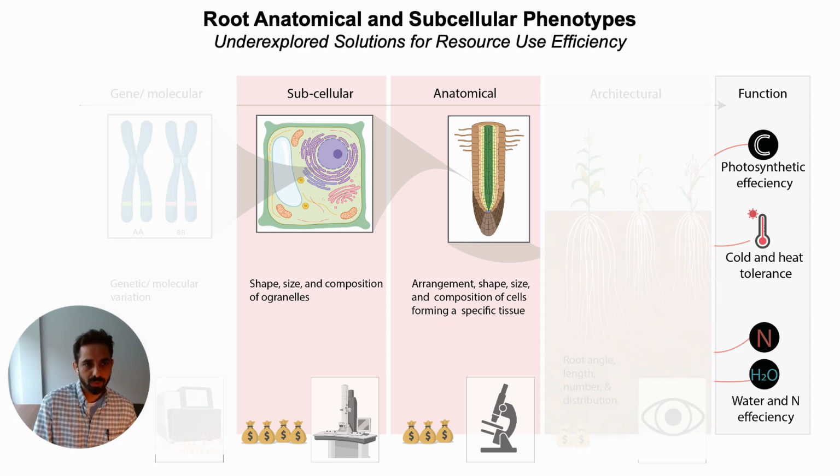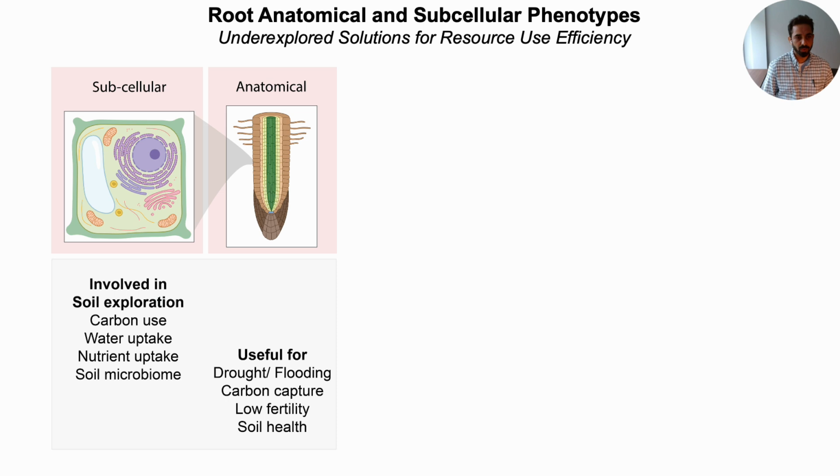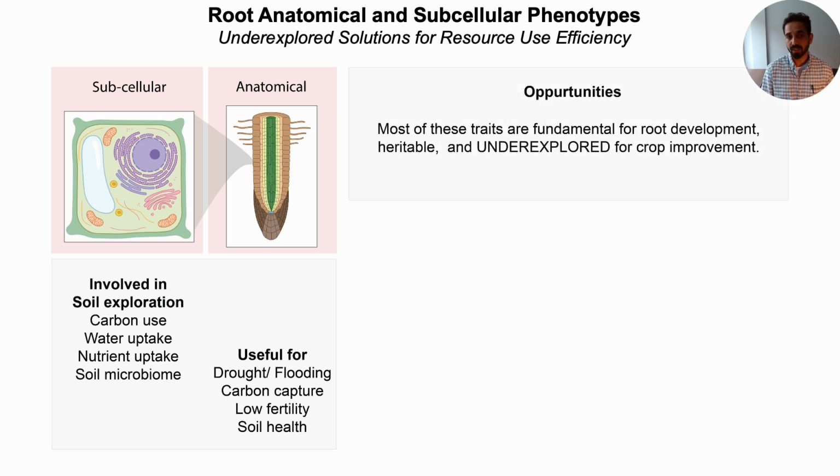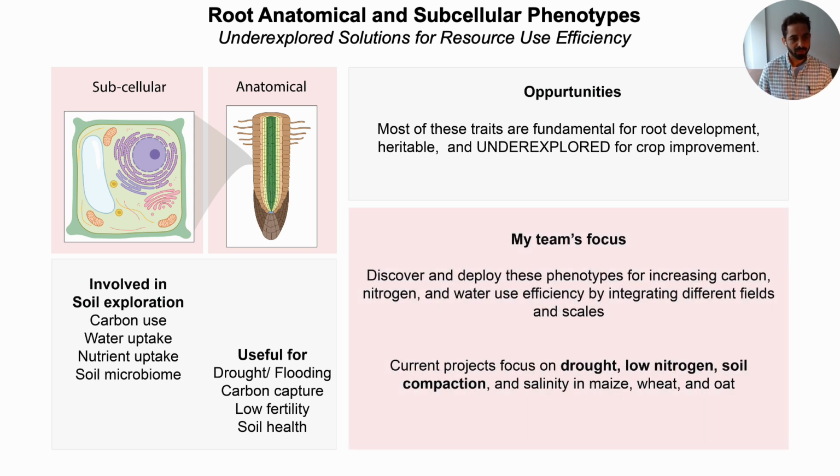We specifically focus on anatomical and subcellular phenotypes, and their usefulness under drought, carbon capture, low fertility, and soil health, because these are really underexplored, so we want to do them justice and discover these phenotypes and their utility to increase nitrogen and water.